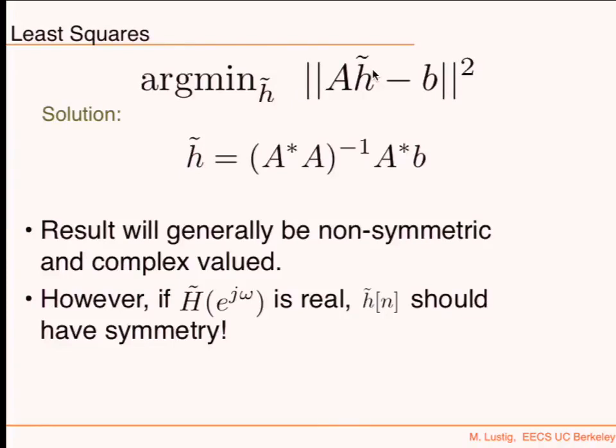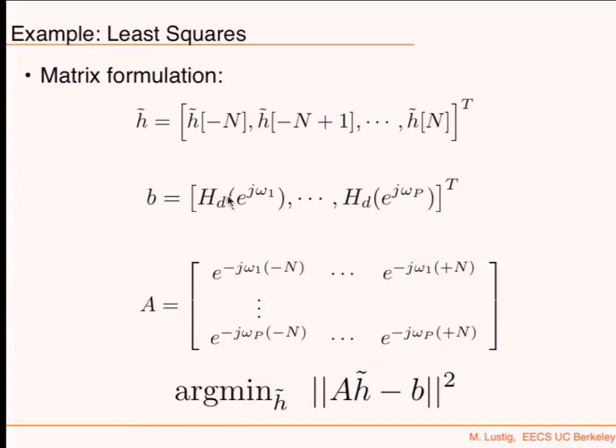Let me ask you actually a question. What will be B? It's a vector of what? Let's say we want to design a low-pass filter. What will be B? It will be 1, 1, 1, 1, 1, 1, 1, corresponding to the passband omega sub i, right?